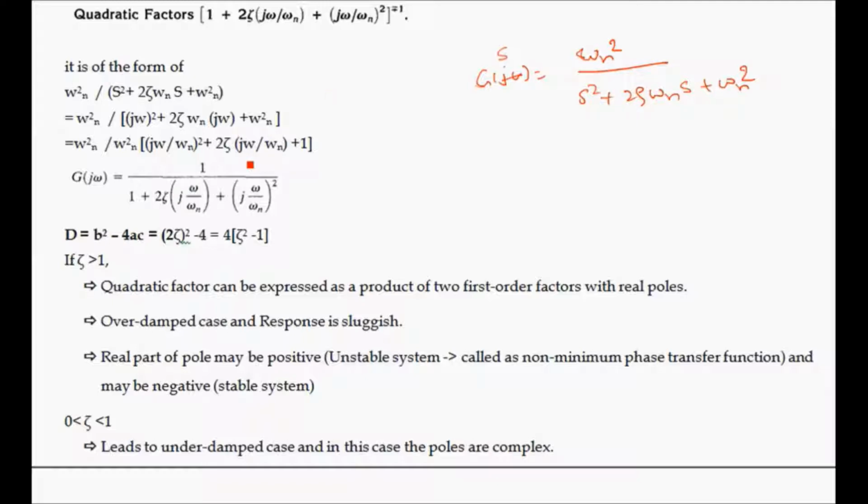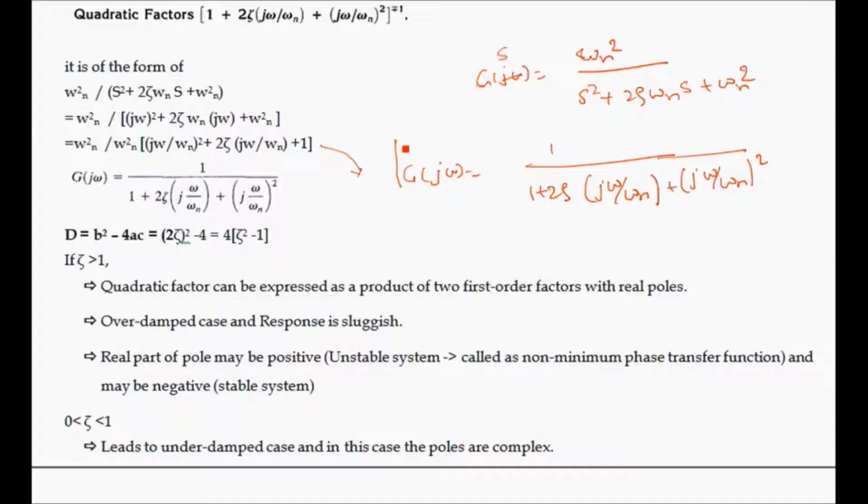In this way we get the equation in the form G(j omega) equal to 1 divided by 1 plus twice zeta j omega divided by omega n plus the square of j omega divided by omega n. So this is basically our quadratic factor, and we will try to draw the Bode plot for these kinds of factors.